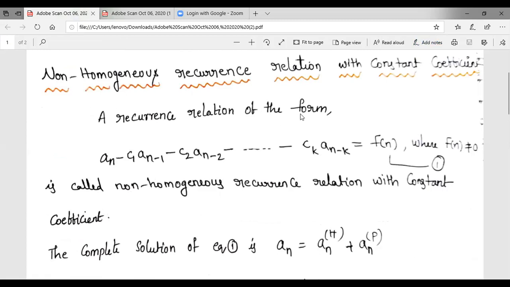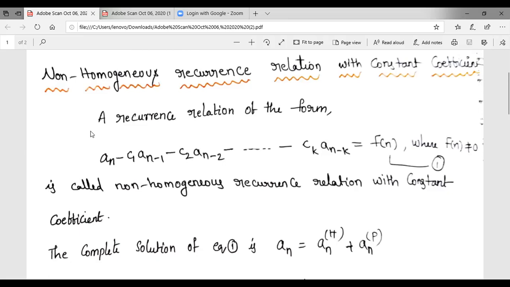A recurrence relation of the form a_n - c1 a_(n-1) - c2 a_(n-2) - and so on - ck a_(n-k) = f(n), where f(n) is not equal to 0. Let this be equation 1.